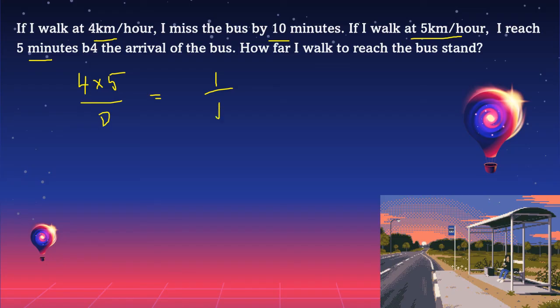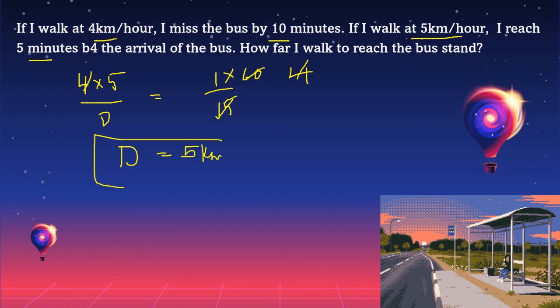Since speed is in kilometers per hour, that is 15 by 60, and the denominator 60 goes to the numerator. So 60 by 15 is nothing but 4. The 4 and 4 cancel, and my distance is 5 kilometers. Hardly 10 seconds to get the answer. So the distance between my bus stand and my home is 5 kilometers.